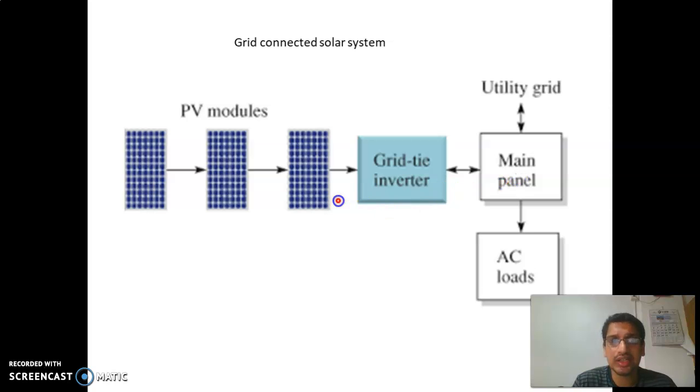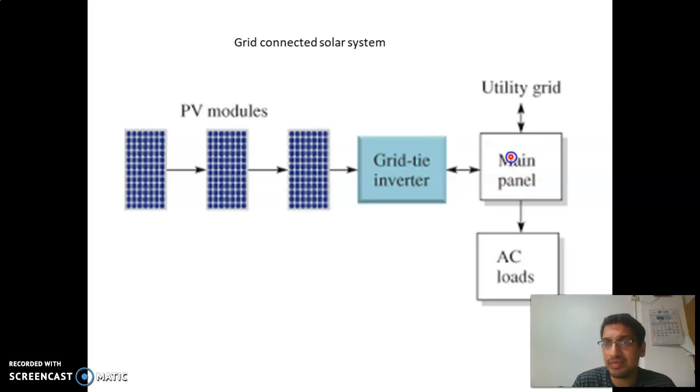Here the PV module or PV panel is the combination of solar cells in series and parallel manner to obtain the desired voltage and current, and it's connected to the grid tie inverter. Both the charge controller and inverter are housed in the grid tie inverter. The grid tie inverter converts the DC energy to AC and supplies it to the main panel.